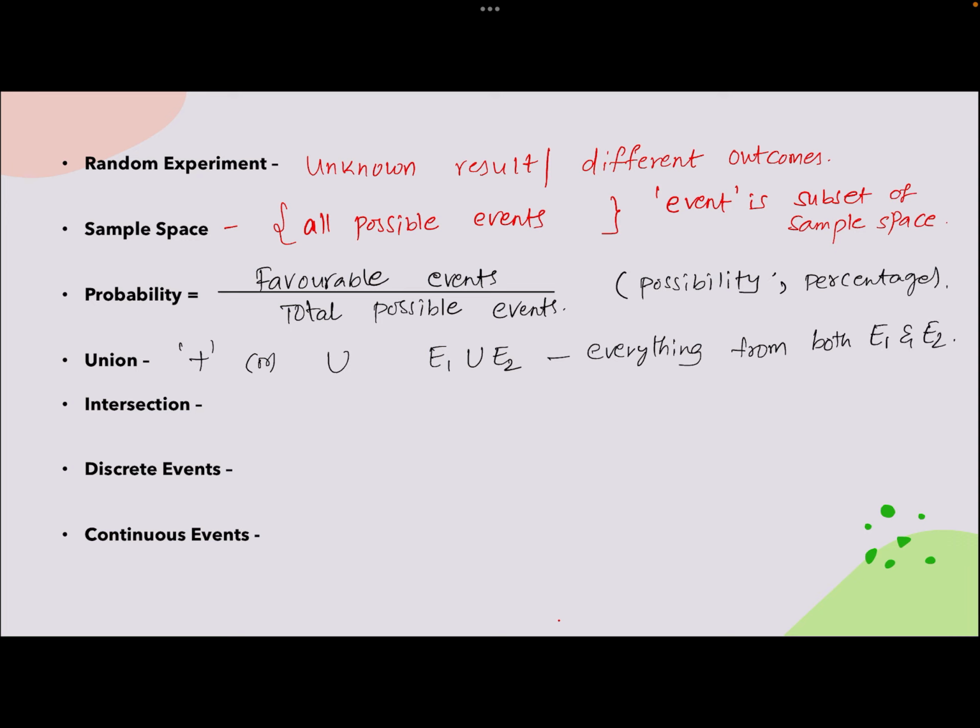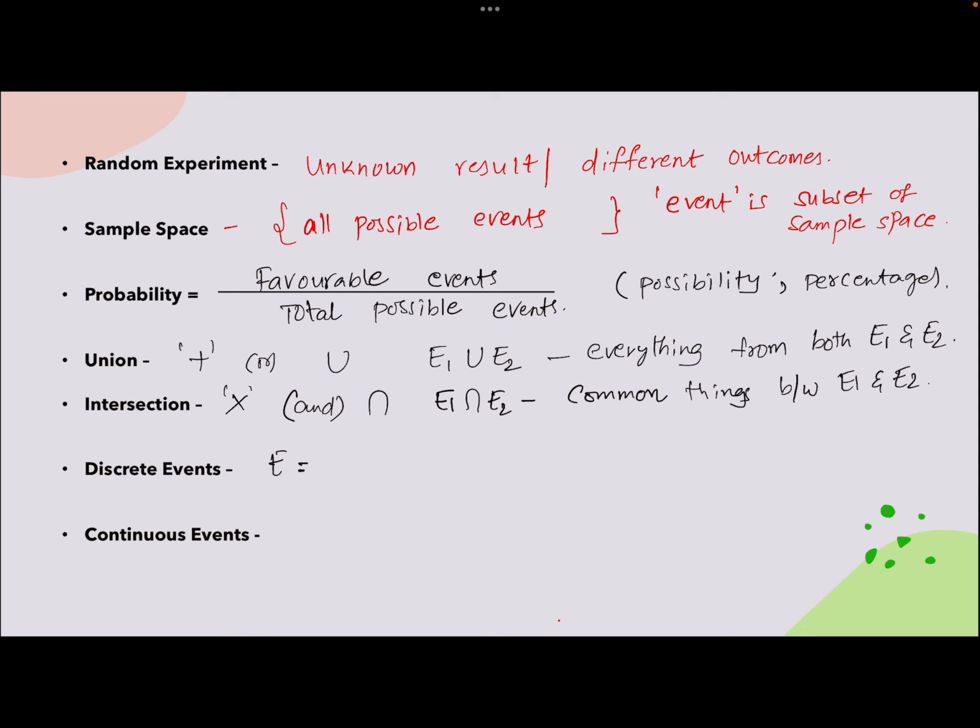Whereas intersection is a kind of multiplication, typically an AND operation. It is denoted by an inverted U, like E1 intersection E2, which means the common things between E1 and E2.